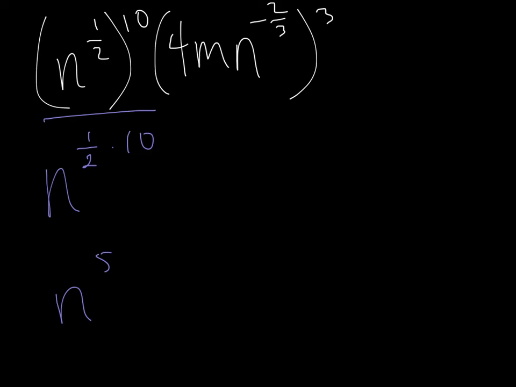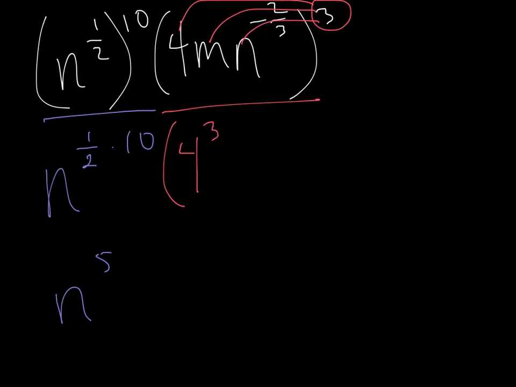And now our second piece here, well, this cubed is being distributed to the 4, to the m, and to the n, right? So that's going to give us 4 cubed times m cubed times n to the -2/3 times 3, right?